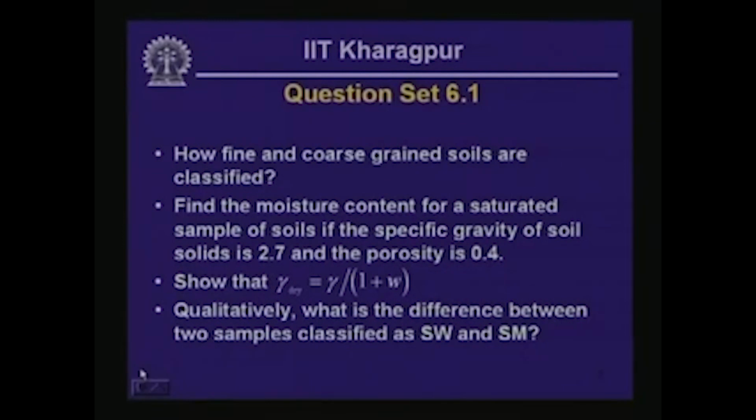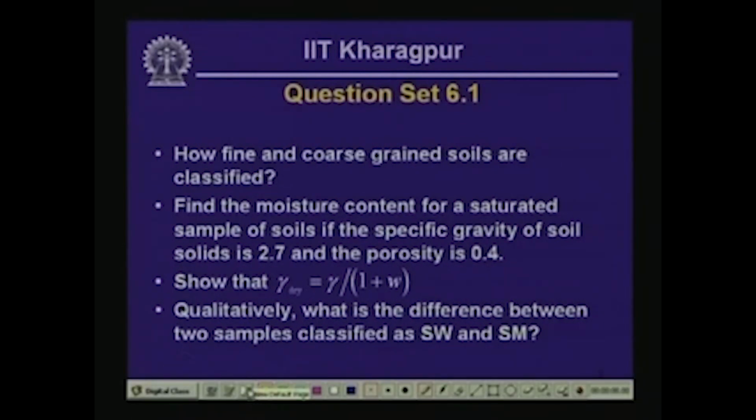As a result, for classification of fine grained soils, the main consideration is the liquid limit and the plasticity index. And we go into the Casagrande chart, and the areas divided by this chart are subdivided again, as I was explaining in the last presentation. Let me repeat what I said.